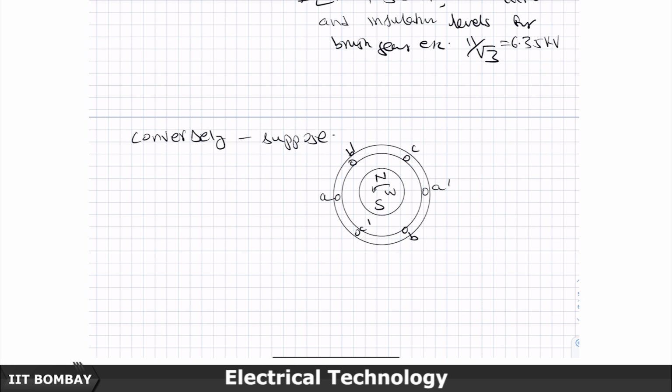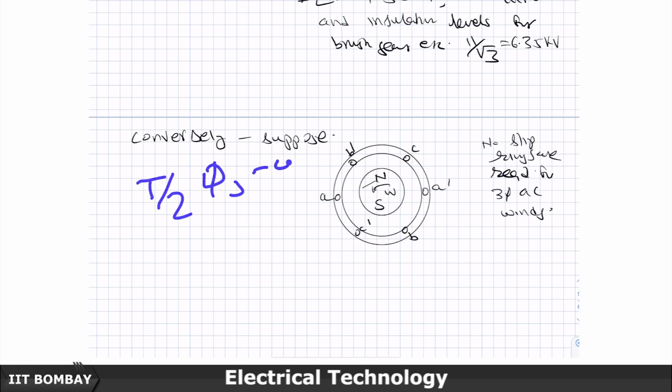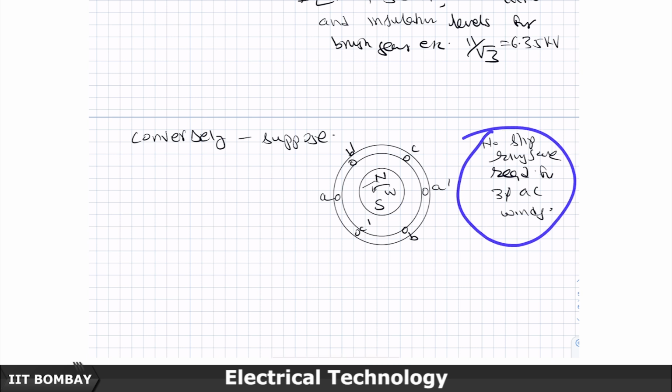Now, here no slip rings are required for the 3 phase AC windings. Why? Because it is on the stator, and the relative action is the same. The flux cutting the conductor, and in t by 2 time flux changing from phi to minus phi, again after t time reverting to phi, everything in terms of the relative movement is the same. But now no slip rings are required for the AC winding.